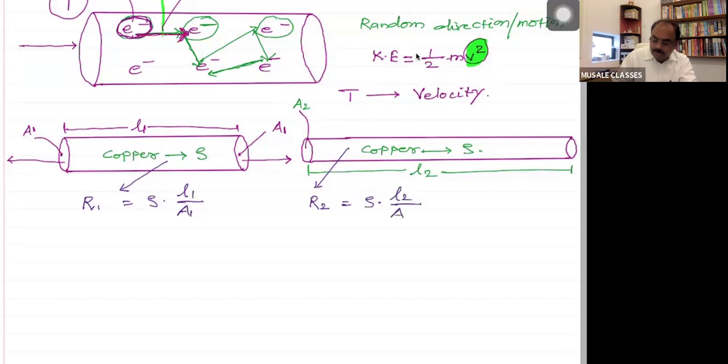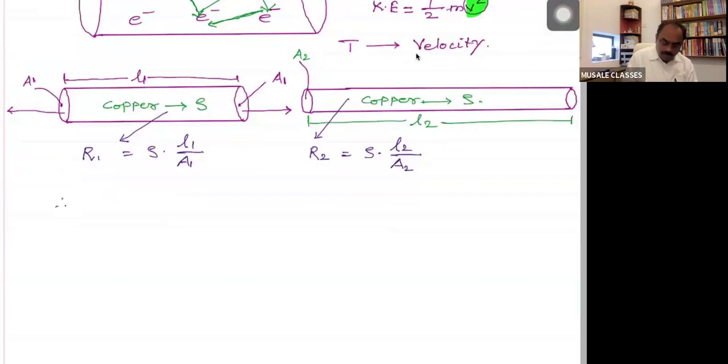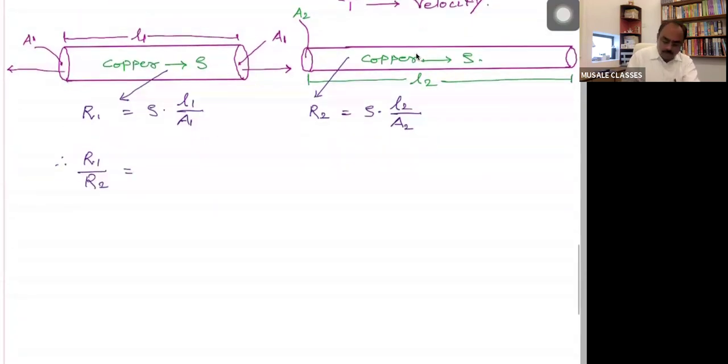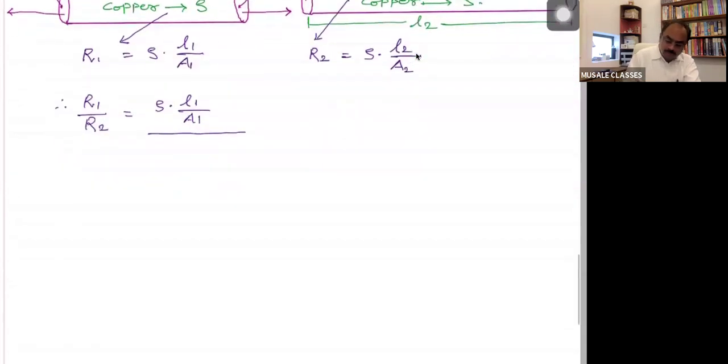Area of cross section is changing. Therefore, if I take R1 upon R2, it will be rho into L1 upon A1 whole divided by rho into L2 divided by A2. This rho will get cancelled.